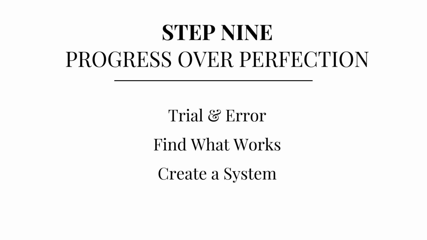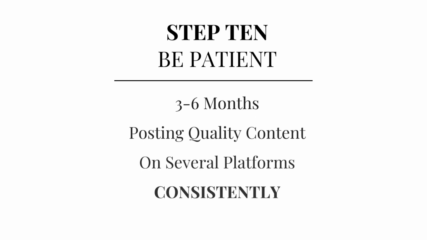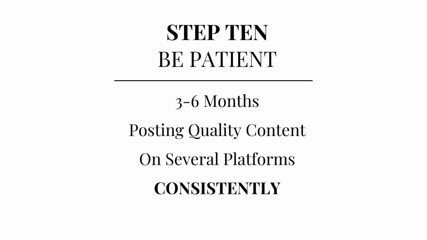So now we are on to the final step 10. And step 10 is quite simply to just be patient. It really does take 3 to 6 months of posting quality content on several platforms consistently to see results. So you can't do this posting 3 posts in 1 week and then not posting for 2 weeks and then posting a bunch and then not posting for a month.